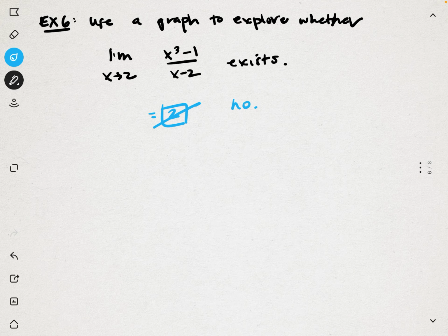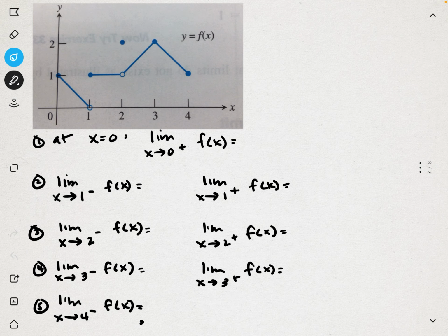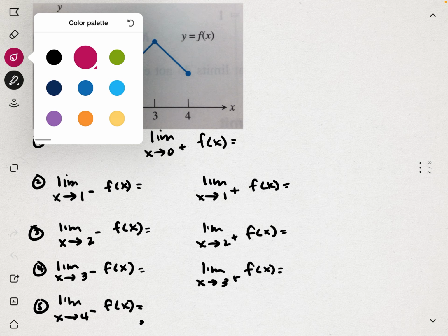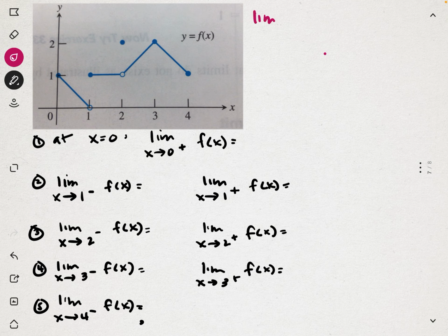Okay. Next one. So now we're looking at limits overall. The thing to remember here is that the limit exists if left and right agree.